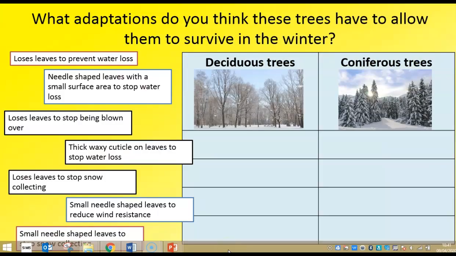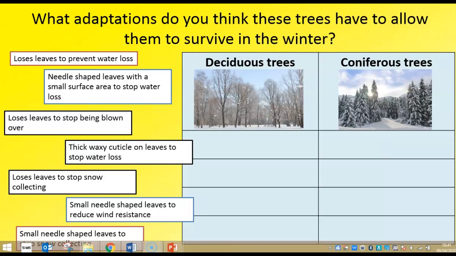Okay, so here we've got two types of trees. We're going to focus on trees living in snowy and cold environments to start with. On the left of this table we have deciduous trees. Now deciduous trees are trees that lose their leaves in the winter, and there are reasons for why they do that. On the right hand side we've got these coniferous trees.